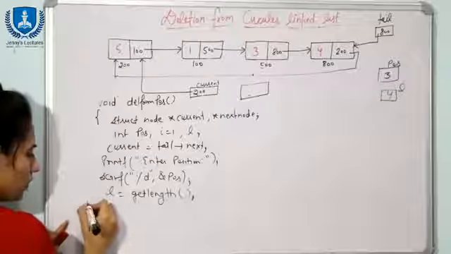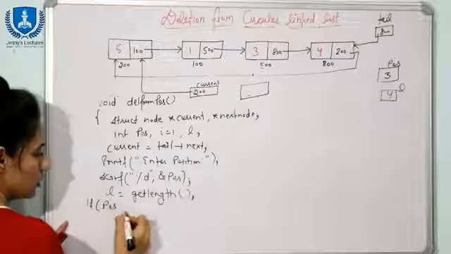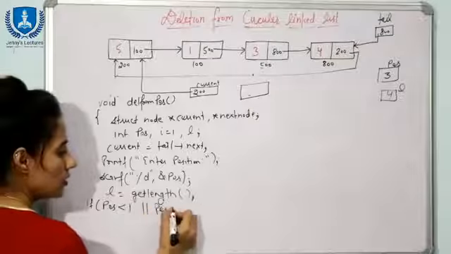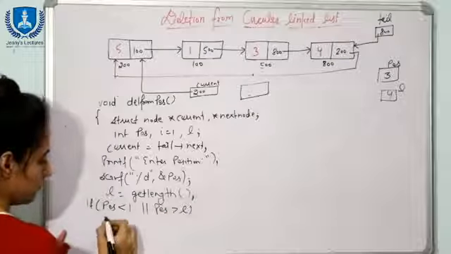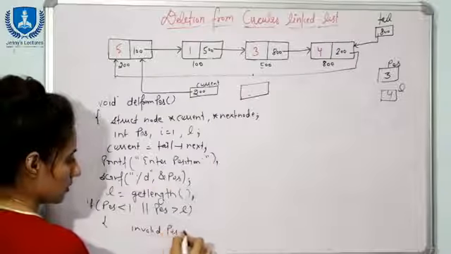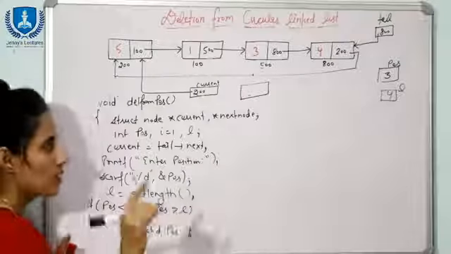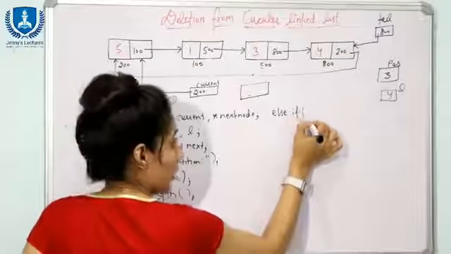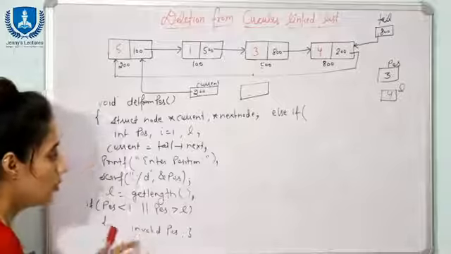Now first of all we will check if this position is less than 1 or position is greater than this L. It means you will print invalid position. Else, we again check.